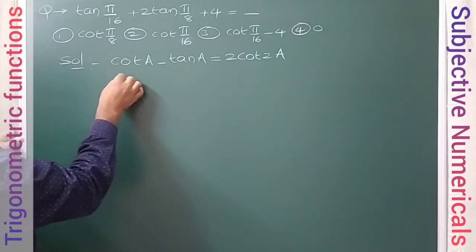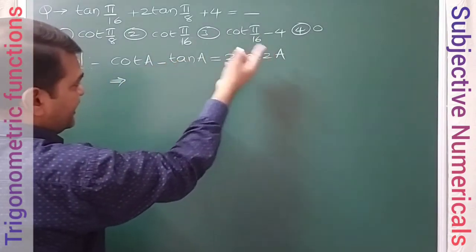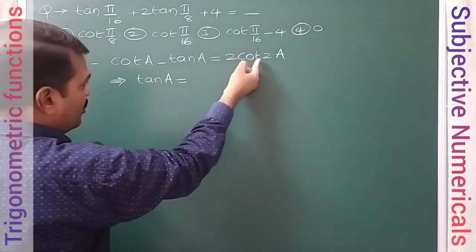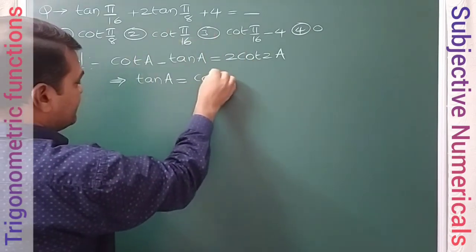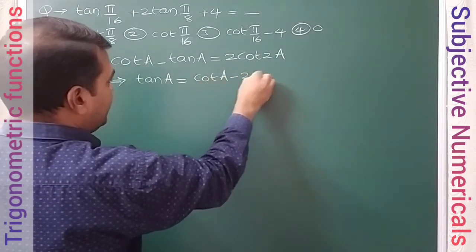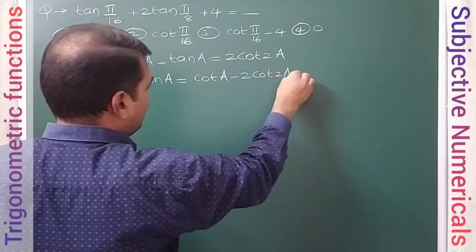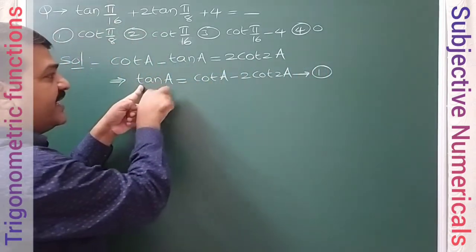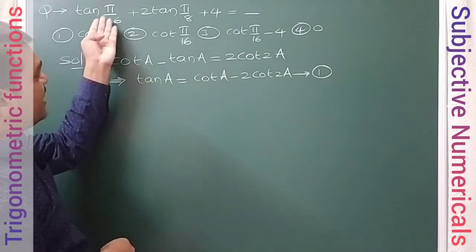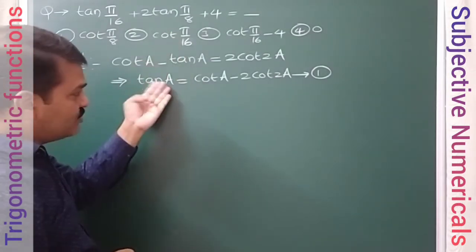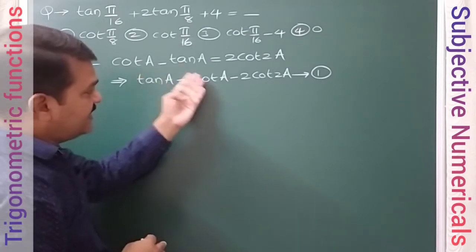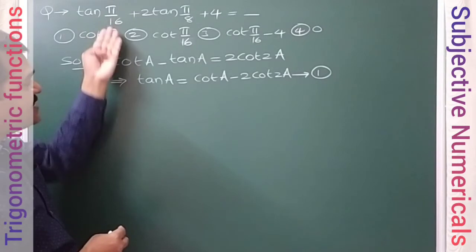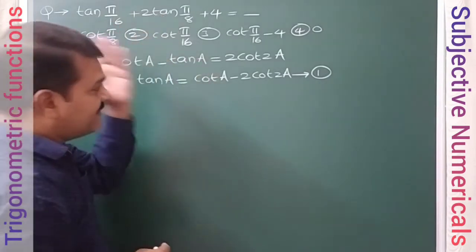So using this formula, take minus tan A to right side and take this 2 cot 2A to left side. So tan A equals cot A minus 2 cot 2A. So can we use this formula? This is the formula of tan A in terms of cot. Of course the answer is in terms of cot only. So using this I will write tan pi by 16 value, tan pi by 8 value.